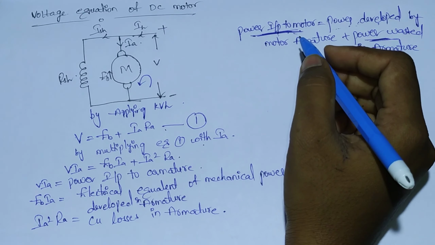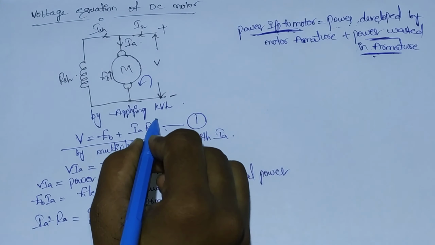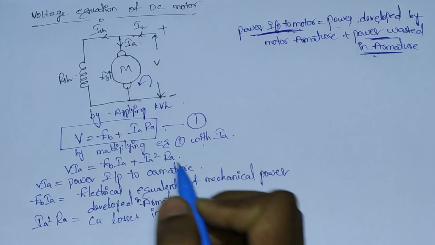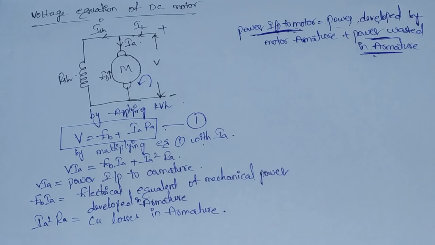So this is the voltage equation of a DC motor, that is V equal to EB plus IA RA.